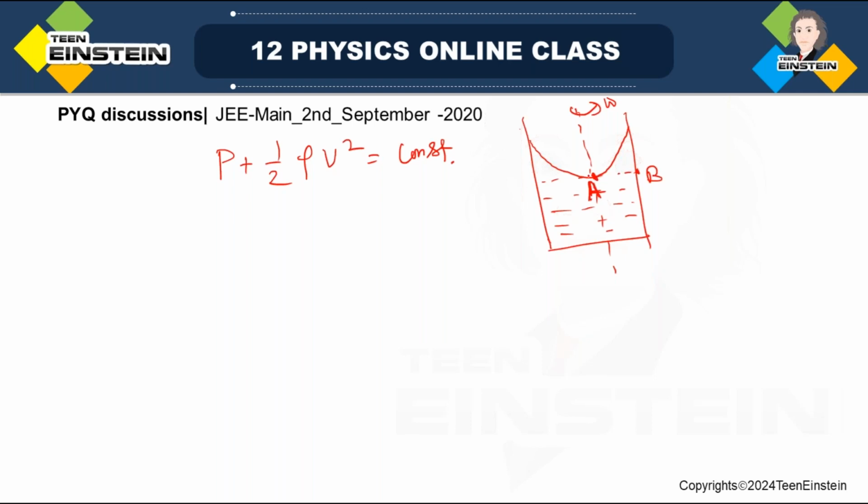Speed is maximum here, so pressure should decrease so that the total quantity stays constant. So at the ends, P will be decreasing and V will be increasing.